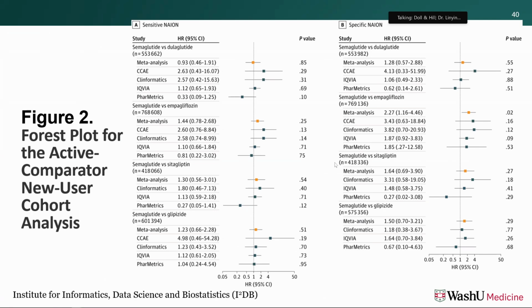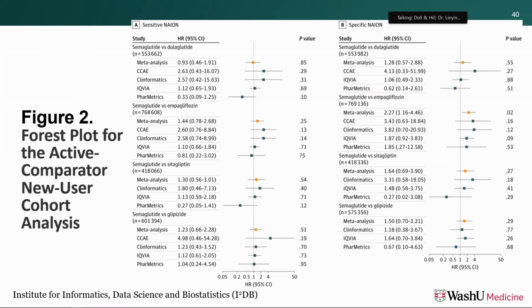But overall, if you're interested in the clinical finding, first of all, we didn't find anything with a hazard ratio of 4.2 as reported in the original study. There's one just above the significance threshold, which is semaglutide versus this other drug, and the hazard ratio is 2.27, with the lower 95% confidence interval at 1.6.